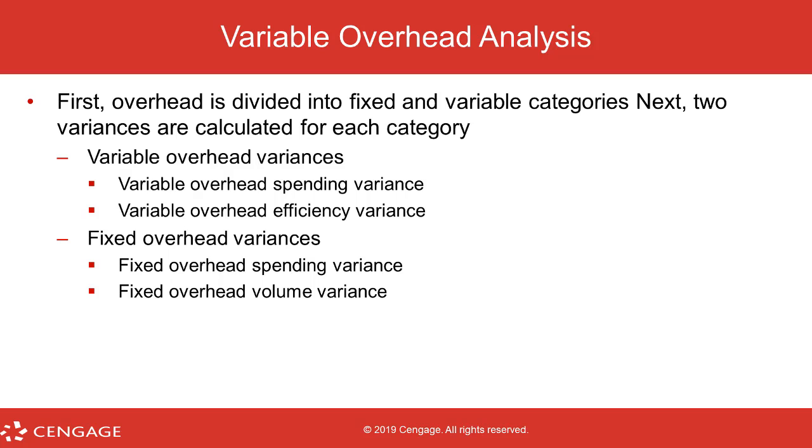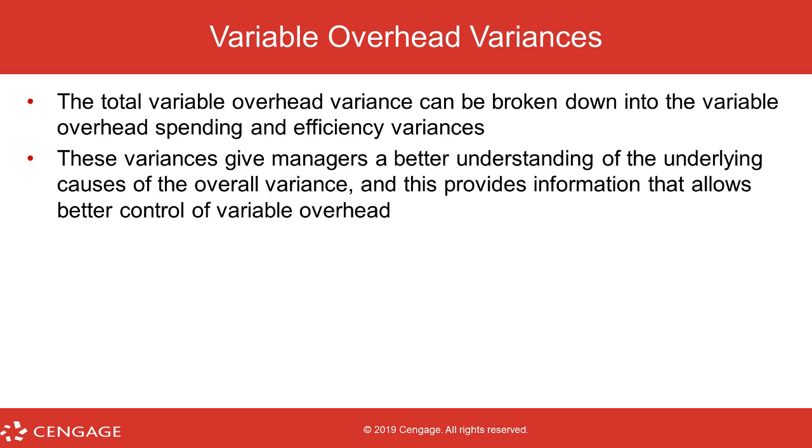And so, for variable overhead, we measure against spending and efficiency, and fixed overhead, we measure against spending and volume of production. So, by breaking down the variable overhead variance into spending and efficiency, managers can get a better understanding of where exactly the variance is coming from so they can perform an investigation if the variance is outside the control tolerance level.